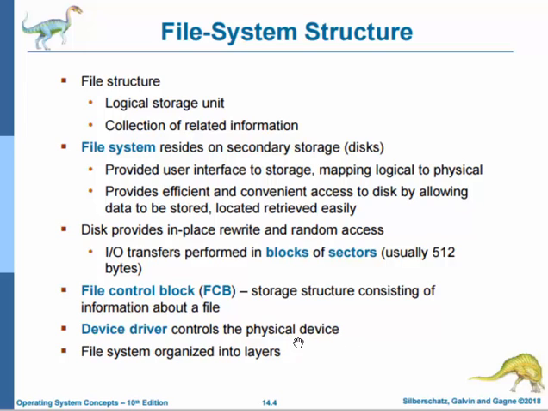The file control block, or FCB, which is an inode in a Unix file system, contains information about the file. It also includes the ownership, the permissions, and location of the file contents. And the logical file system is also responsible for protection.